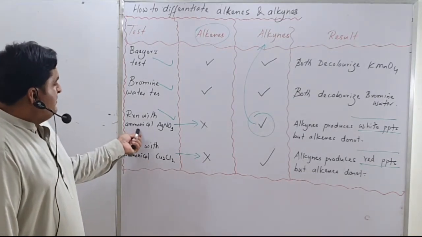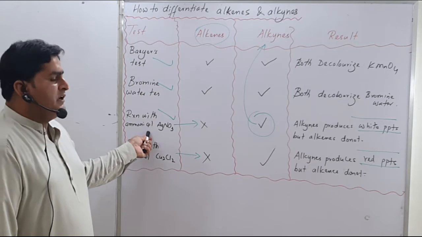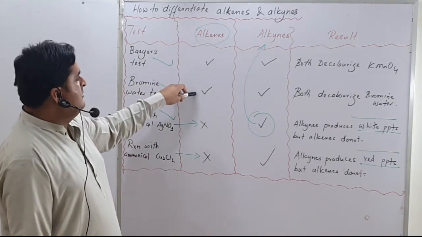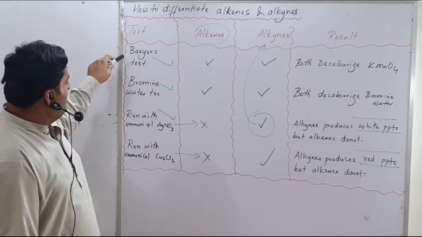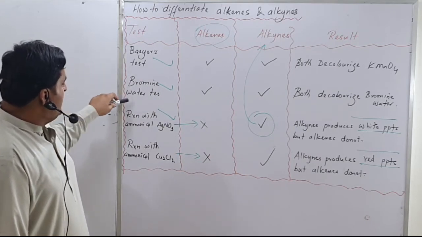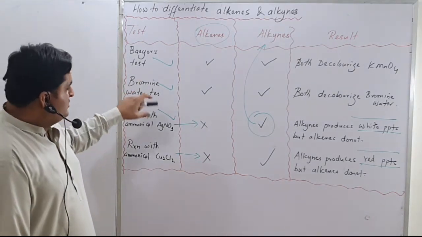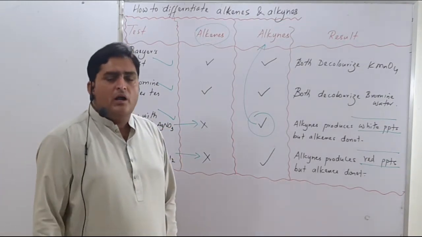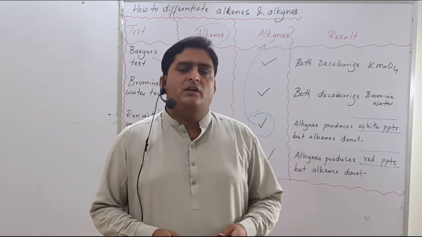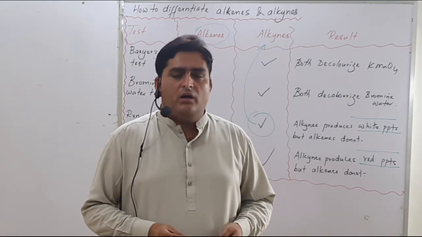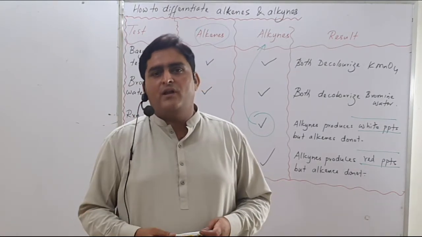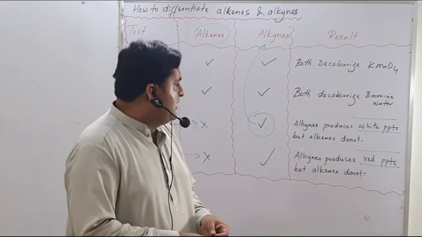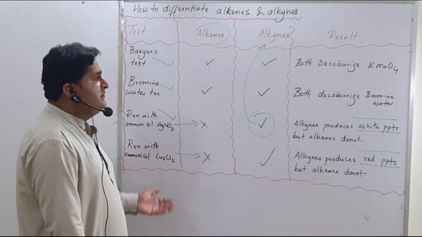Alkynes produce white precipitates with silver nitrate, but alkenes do not. Both alkenes and alkynes are positive to Baeyer's reagent and bromine water test. So these two reactions confirm whether we are having an alkene or alkyne. So in this way we can differentiate between alkenes and alkynes.